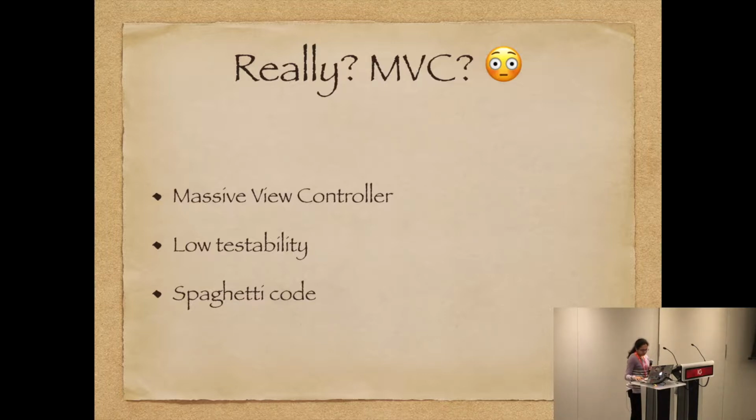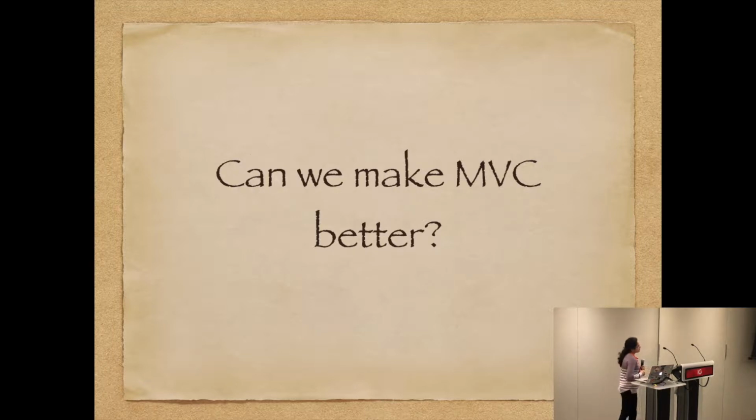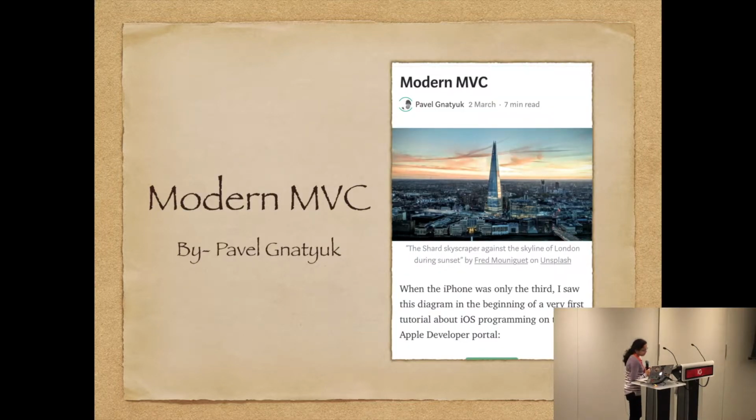And I was thinking, can we make MVC better? I came across this blog post on Medium by Pavel Gatnuk, I don't know if I'm pronouncing it correctly or not. The blog post is about making MVC modern, or about how we can repurpose MVC or add on to it to make it more usable without all these pitfalls.